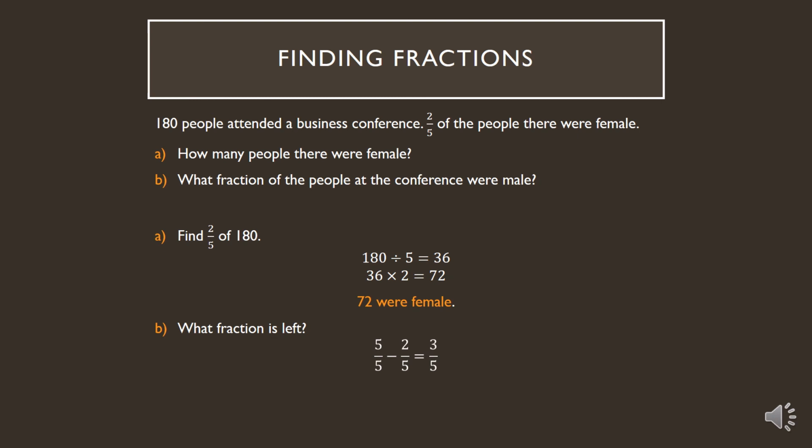So 5/5 subtract 2/5 gives you 3/5. Okay, so look at that. You see, we're just working with the numerator, the numbers on top of the line. We're counting fifths. If you picture the 5 slices, you start with 5, you take away 2, how many are left? 3/5. Okay, so 3/5 were male.